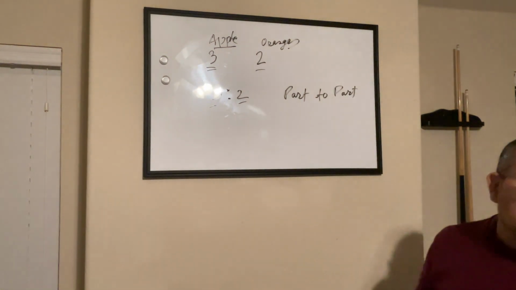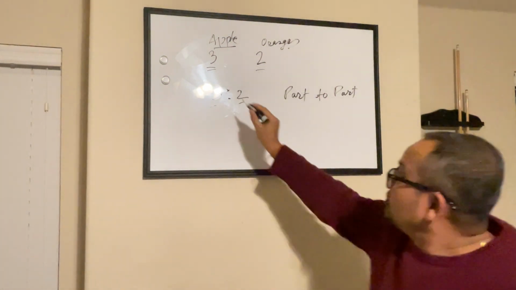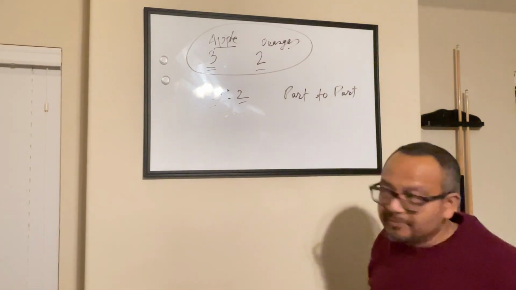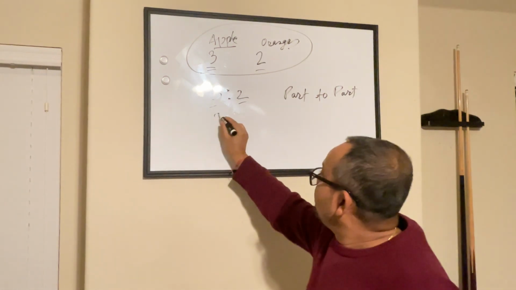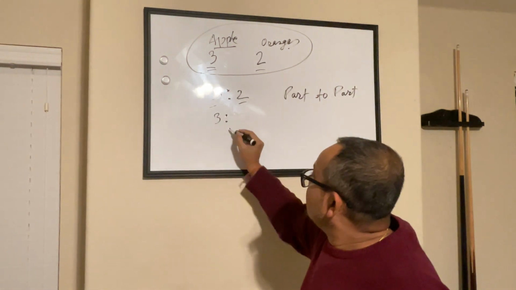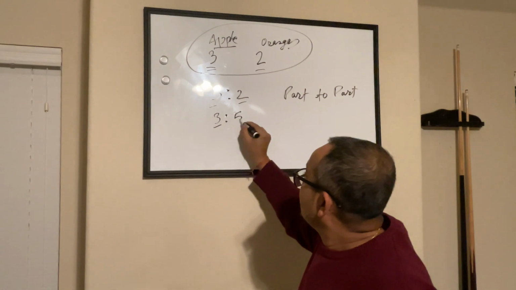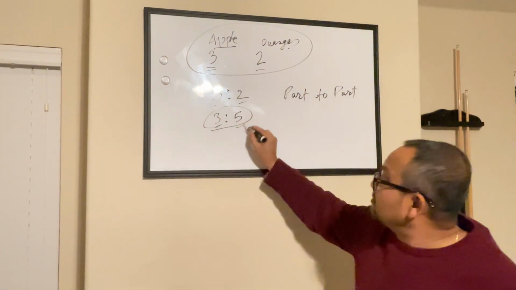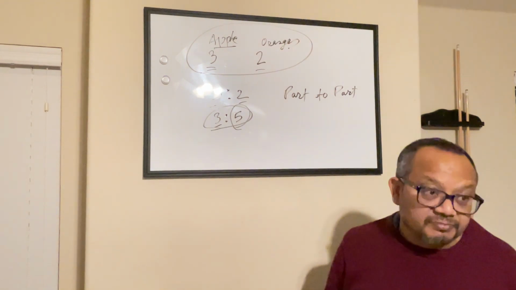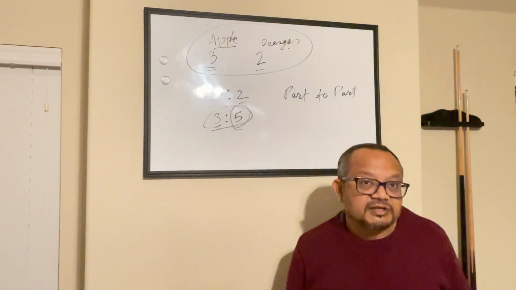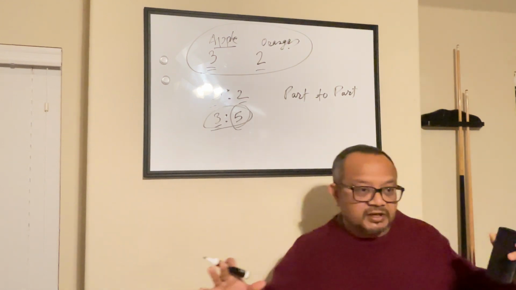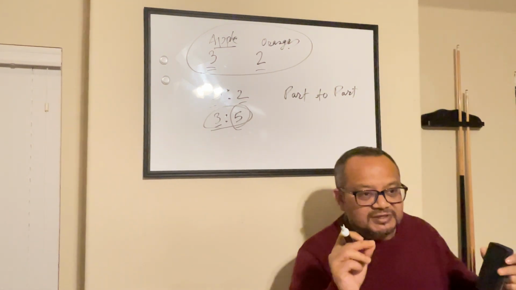Second one is called part to whole. If you look at the whole, meaning the whole basket, apples are 3 out of 5 fruits that you have in the basket. So this is the whole number of fruits in that basket against which you are comparing. Let's say we look at the ages of all the family members.